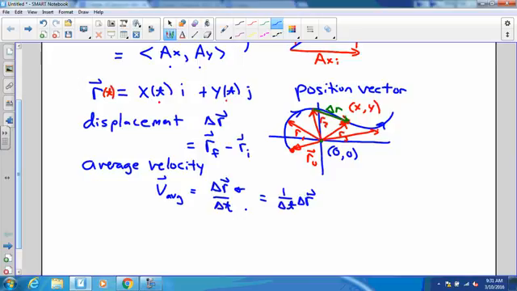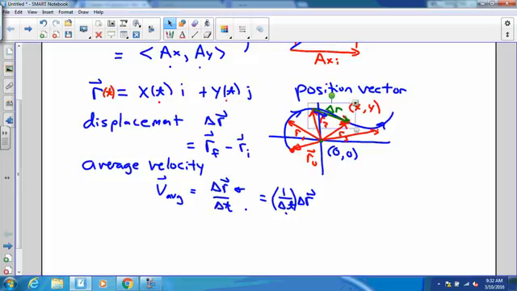Just to be clear about this, we would write this in the form of a scalar 1 over delta t times delta r. In other words, I'm taking the delta r vector and I'm stretching it by a factor 1 over delta t. If delta t is very large, say a year, then my delta r is going to be contracted, so that my average velocity would be a very small vector, like so.